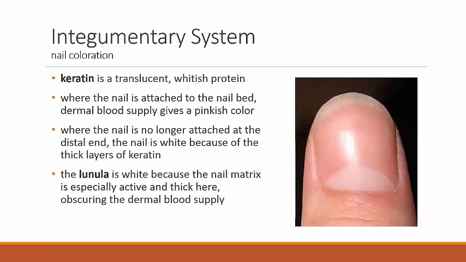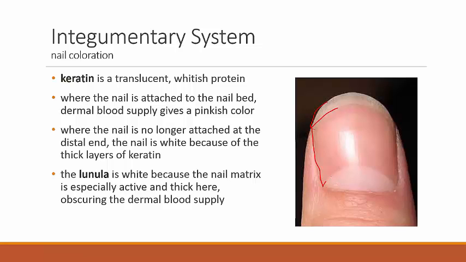Keratin is a white, translucent protein, and that's why the tip of the fingernail, where it separates from the nail bed, is a translucent white color. Where the nail is still attached to the nail bed, the dermal blood supply gives a pinkish color.